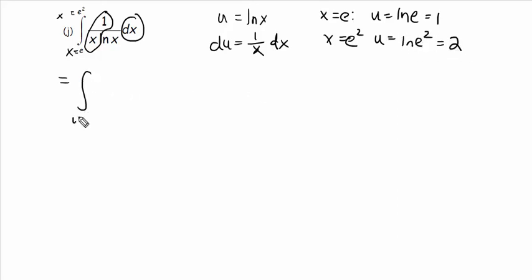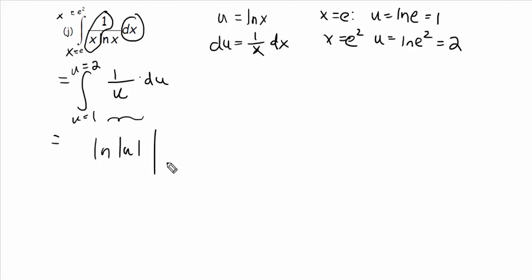So this is just the integral from u equal 1 to 2 of 1 over u times du, because the u was natural log of x, and then 1 over x dx was du. So now, this is an antiderivative of natural log of absolute value of u. Evaluate it from 1 to 2. Substitute in the 2. Subtract what you get when you substitute in the 1.